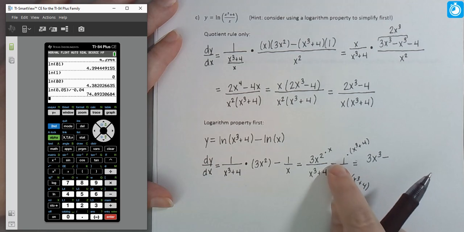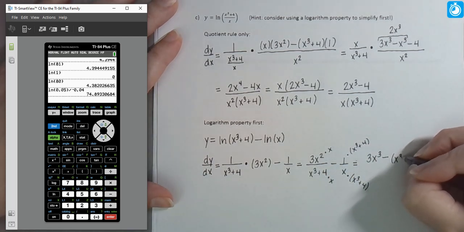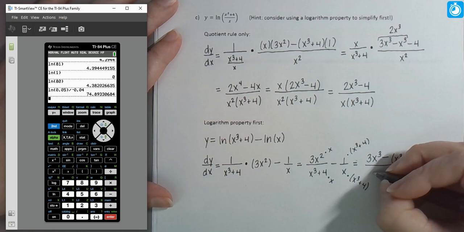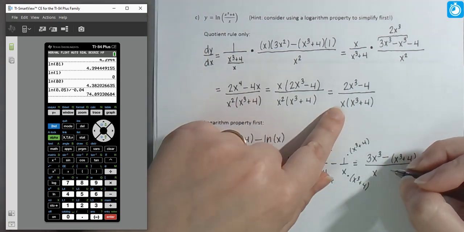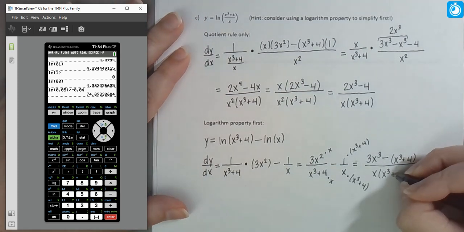So we're subtracting 1 times x cubed plus 4. And then in our denominator, we just have the x times x cubed plus 4. And notice that was our denominator for our previous problem, so I'm just going to leave it in that form.